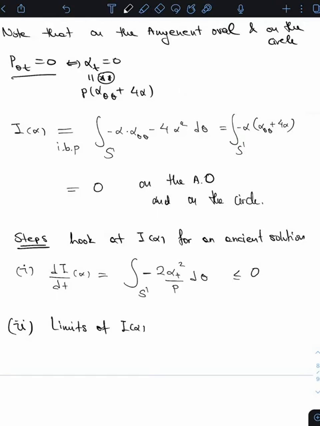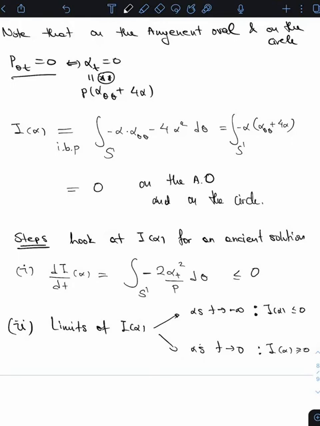And the second is to look at the limits of I alpha, first as t goes to minus infinity, and then as t goes to 0. And we will show that the limit as t goes to minus infinity is less or equal than 0, whereas as t goes to 0, it's bigger or equal than 0.